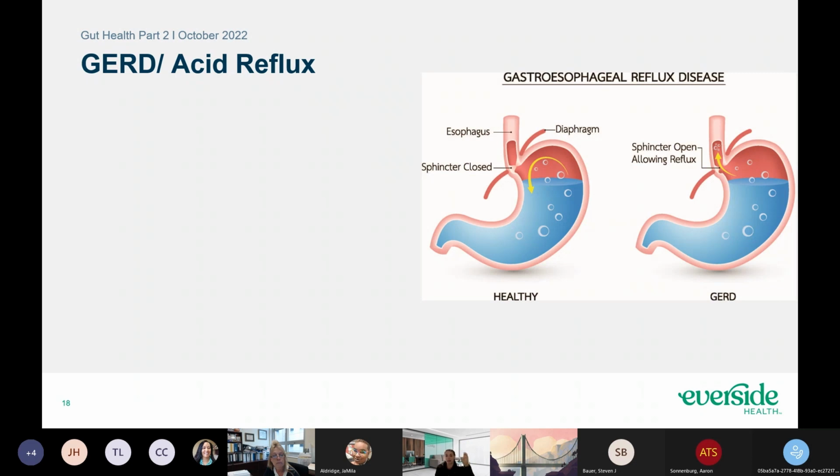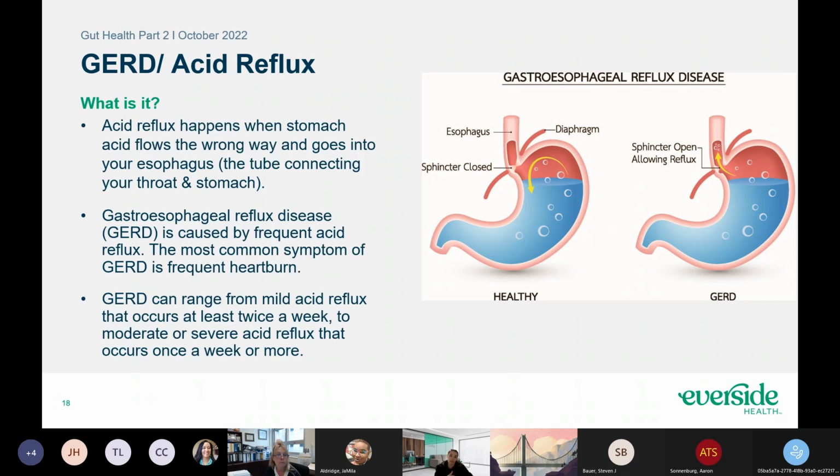What happens a lot of times with acid reflux or GERD is your pressure becomes greater in the stomach. So your acid's going to flow up through the esophagus. And that tight ring of muscle is there to help prevent that acid from going up, but either it's not functioning properly or there's just so much pressure here that it's going to allow that acid to go up into the esophagus.